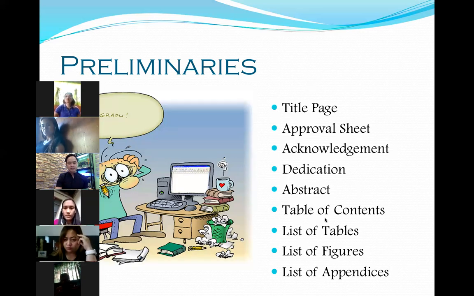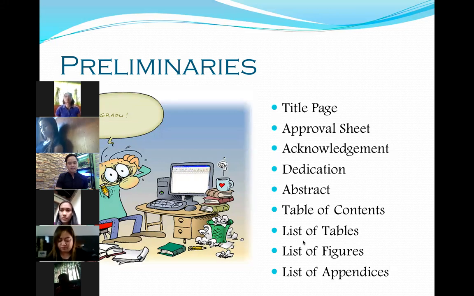No? Table of contents, as the term implies, this is the page where you see the different contents of your paper from chapters 1 and 2, including the subcomponents with corresponding pagination. That is also true for list of tables, list of figures, and list of appendices.